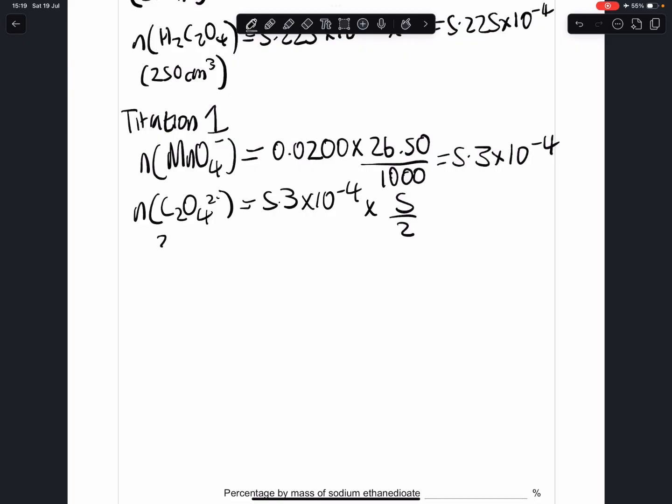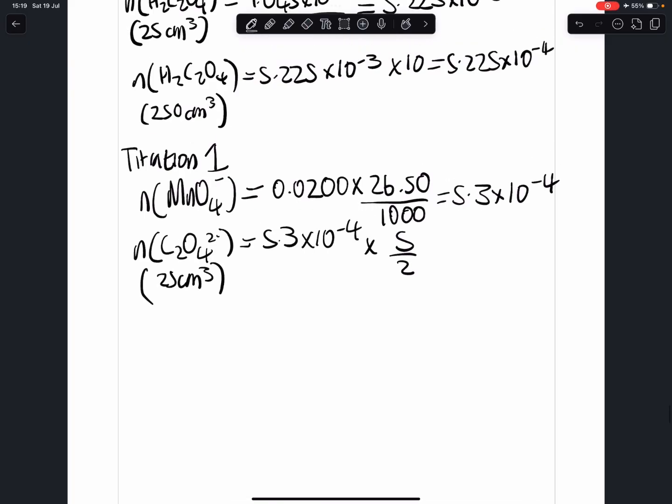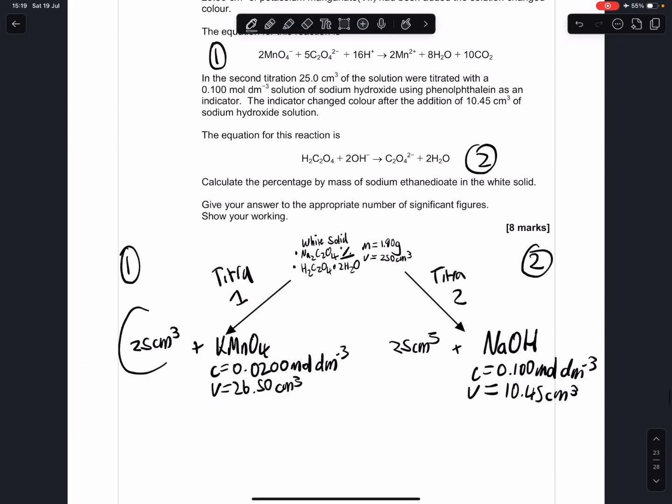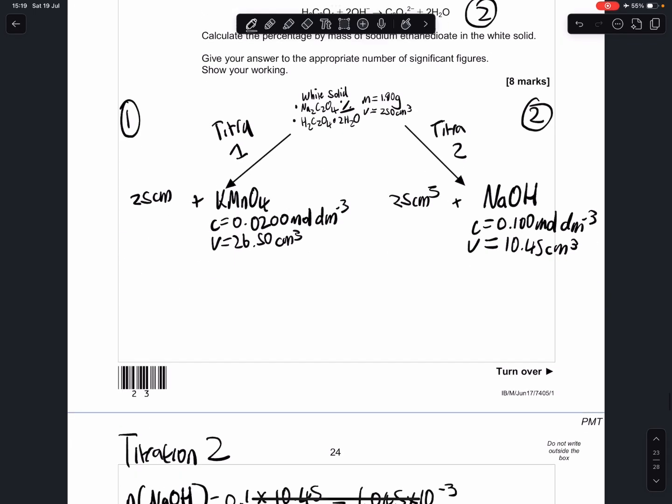So in 25 centimeter cubed, we get our moles to be 1.325 times 10 to the negative 3. But we want to find it in the white solid, and if you remember, we go from 25 to 250. So the only difference there is that it's been multiplied by 10.